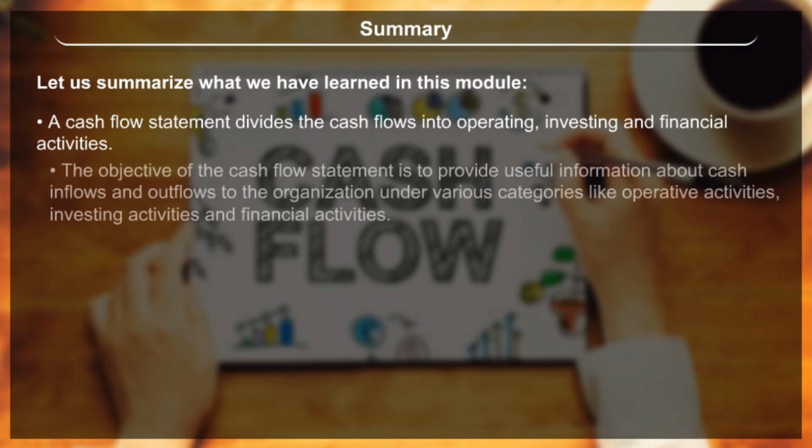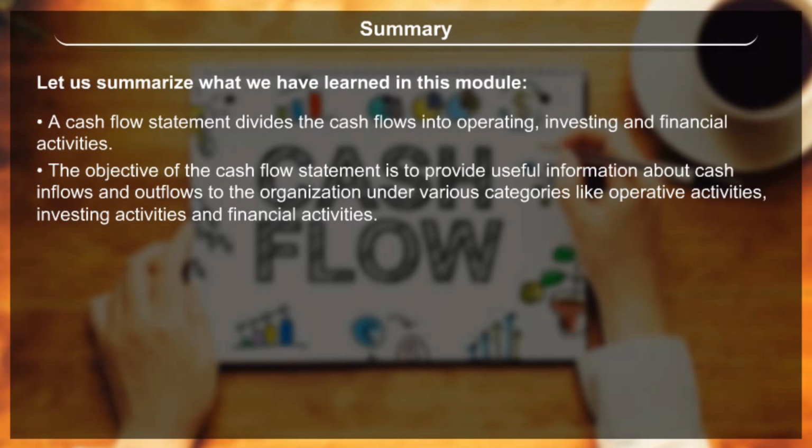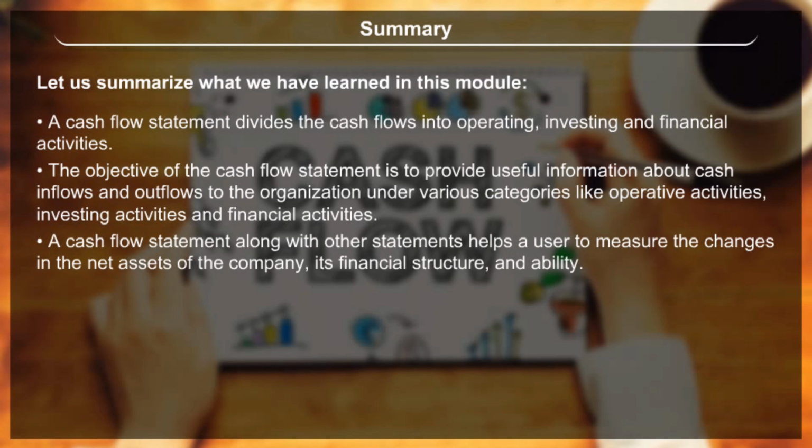The objective of the cash flow statement is to provide useful information about cash inflows and outflows of the organization under various categories like operating activities, investing activities, and financing activities. A cash flow statement, along with other statements, helps a user to measure the changes in the net assets of the company, its financial structure and ability.